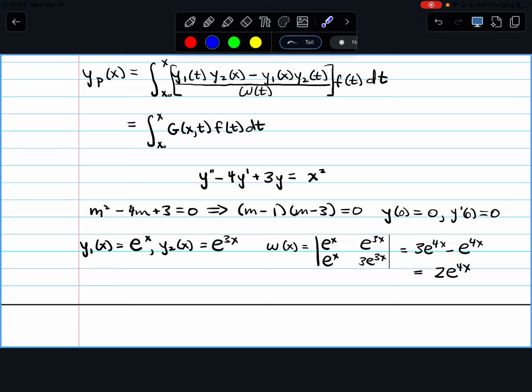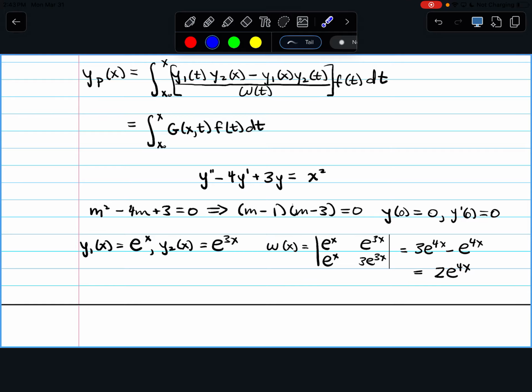Factor it and solve it: m equals 1, which gives me e to the x, and m equals 3, which gives me e to the 3x. Then I plug it into the Wronskian, and I get 2e to the 4x. So we keep that in mind.